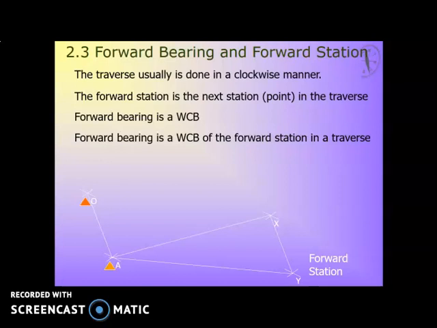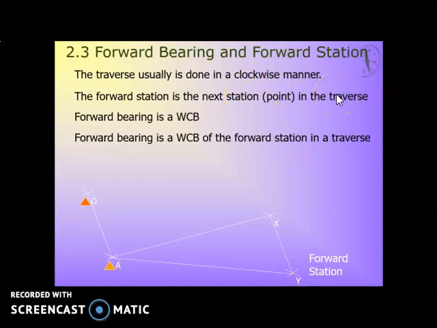The traverse or data collection exercise using the whole circle bearing is usually done in a clockwise direction. That means we move from one station to another station to another station in a clockwise direction. Station means a point on the ground. So the forward station is always the next point or the next station on the ground in our traverse exercise.